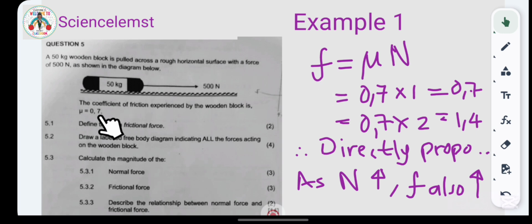The coefficient of friction, if you notice, does not have a unit. And the reason for that is because the coefficient of friction is actually the ratio of the frictional force to the normal force. That's why it does not have units.